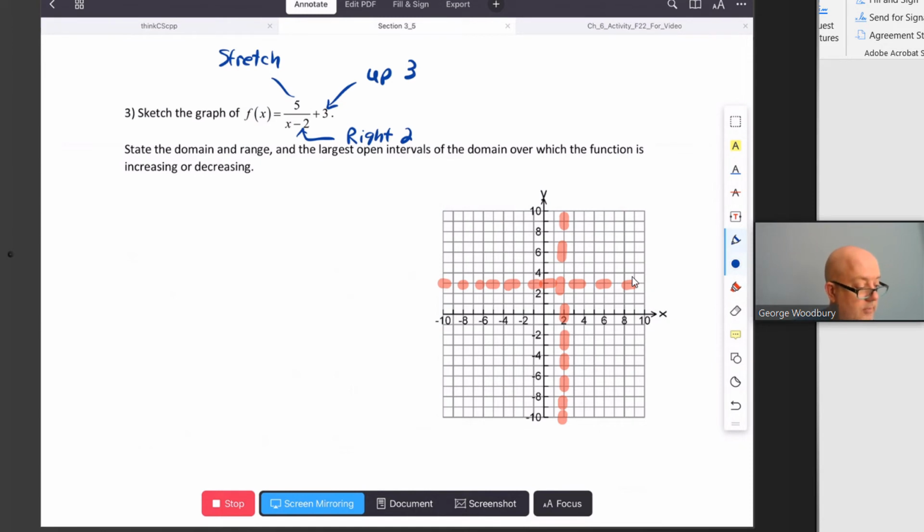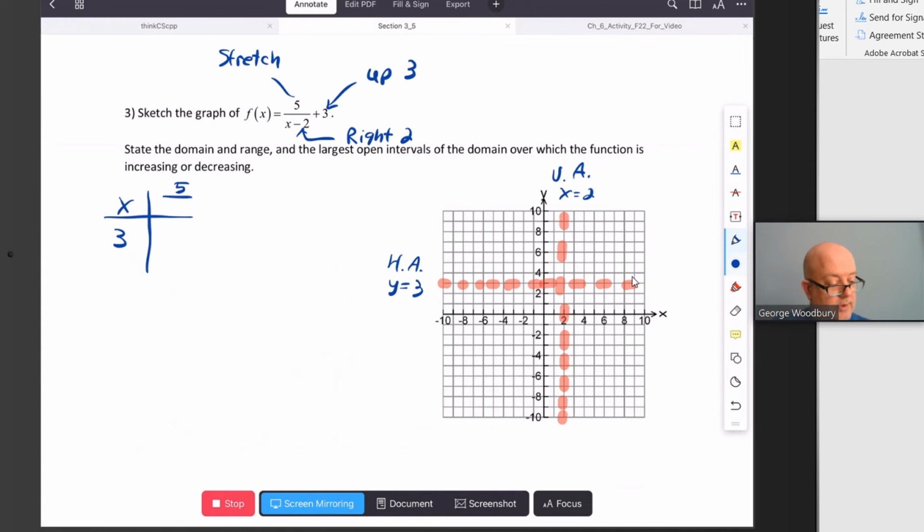So again, vertical asymptote, x equals 2, horizontal asymptote, y equals 3. Now, when it comes to plugging in points, here I want to pick a value of x that's going to make the denominator 1, because I can divide 5 by 1. And so that value of x that will make that work is 3.